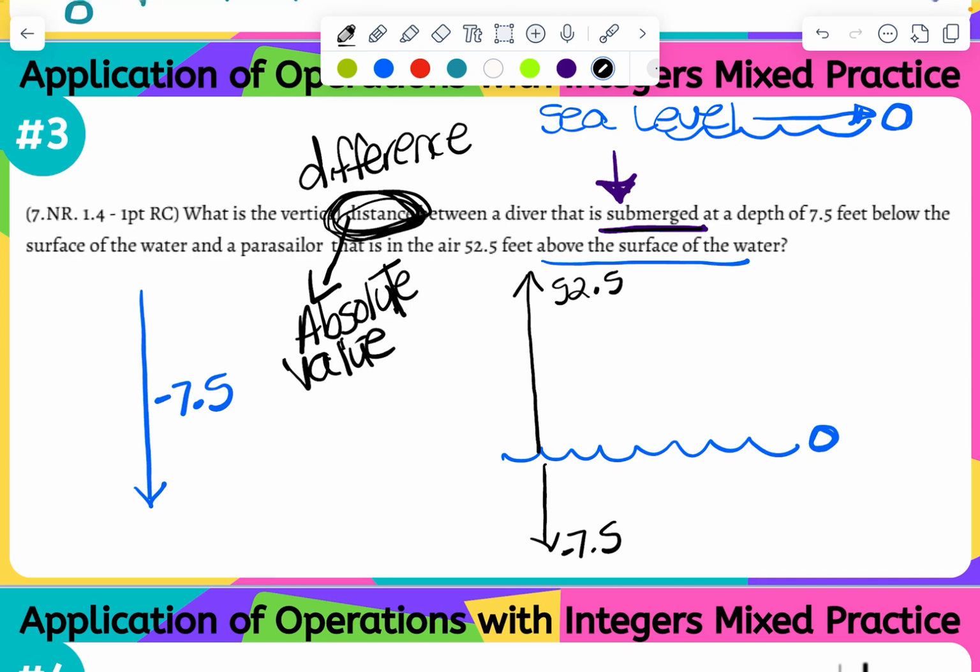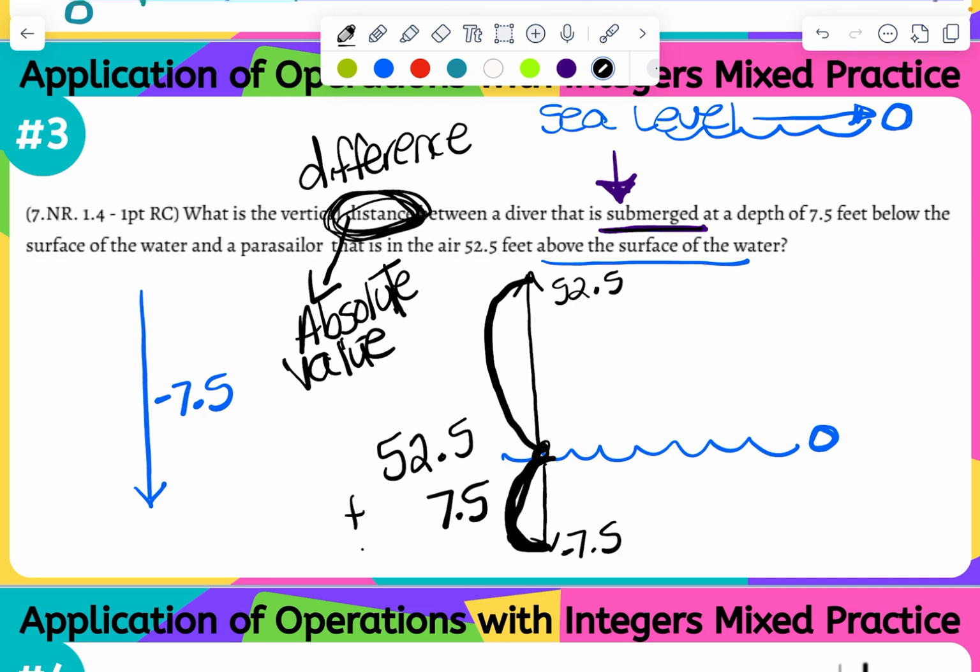Absolute value. So, how far is it, if he's under the water, negative 7.5, how far is it for him to get back up to the surface of the water? It's going to be 7.5. He's got to go 7.5 to get back up. And how far is it from the surface of the water to our parasailer? 52.5.